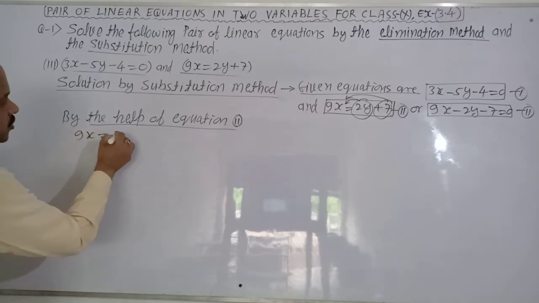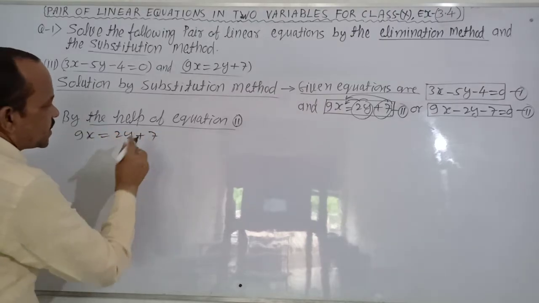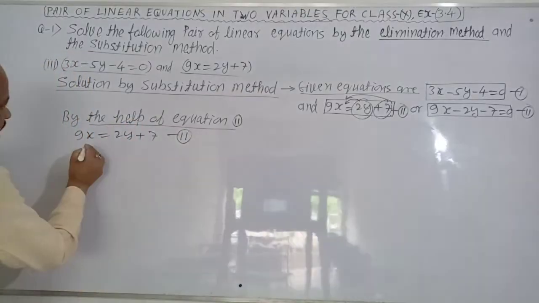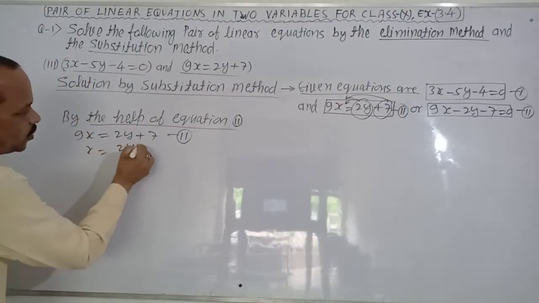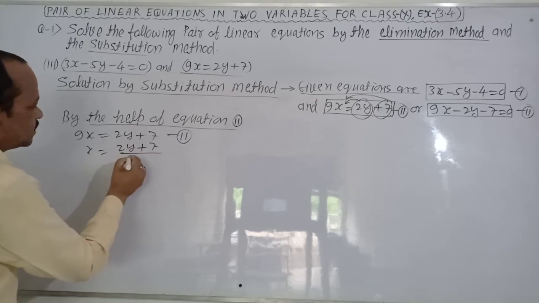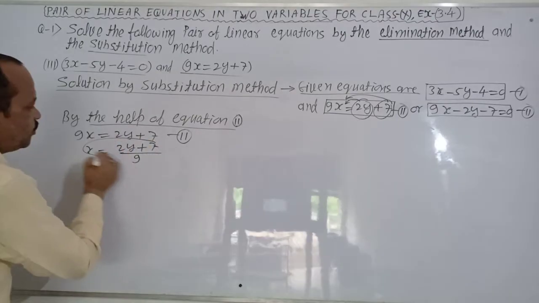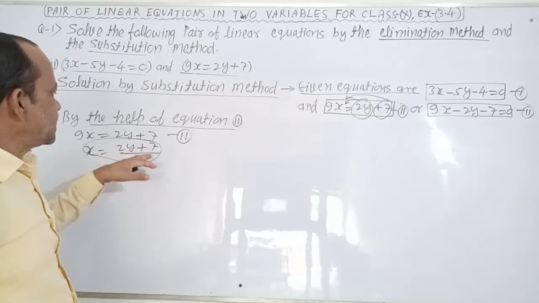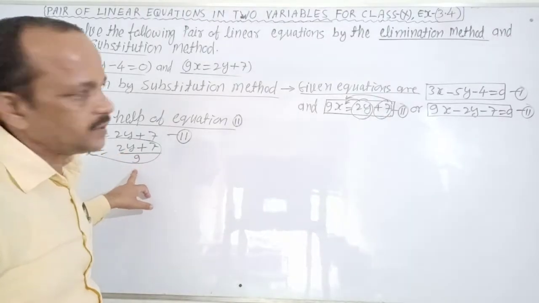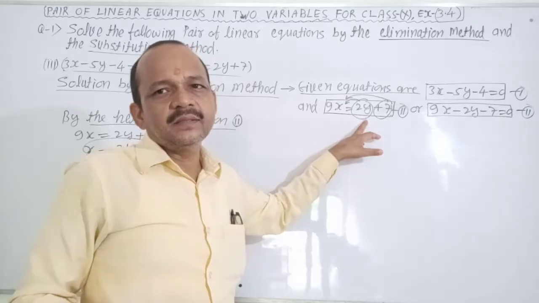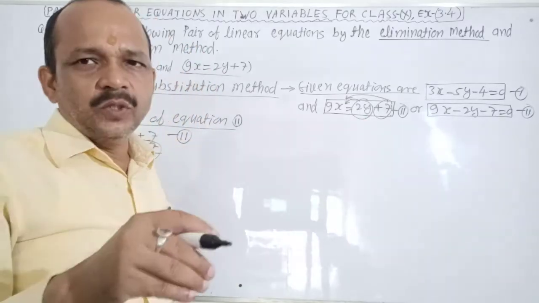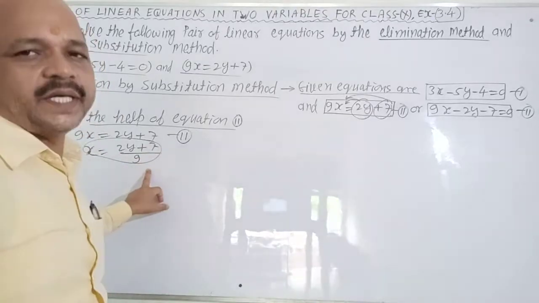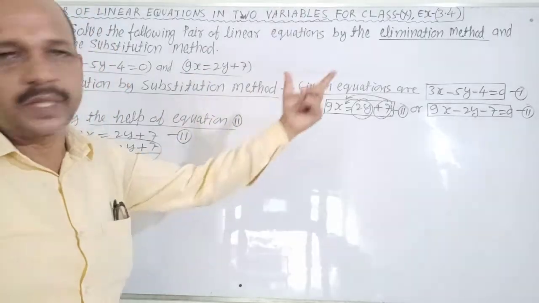Hence x equal to 2y plus 7 by 9. You find x equal to 2y plus 7 by 9 by the help of equation second. Clear? Now you substitute x equal to 2y plus 7 by 9 in equation first.